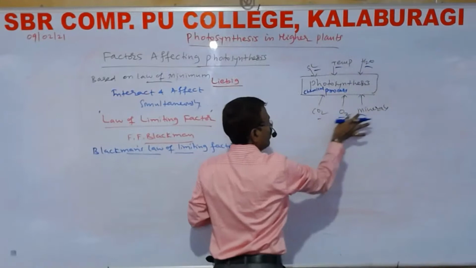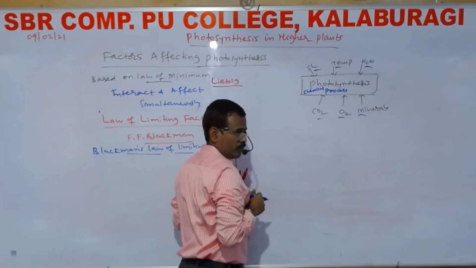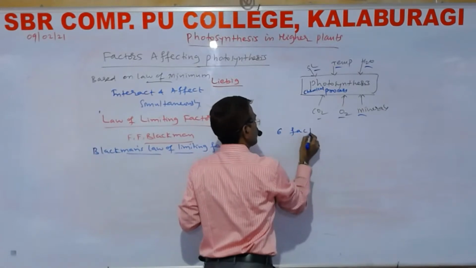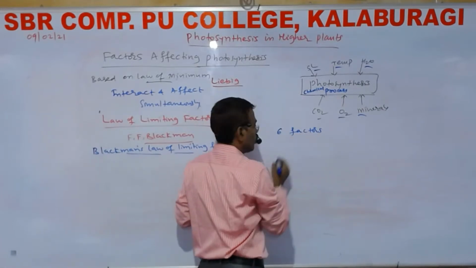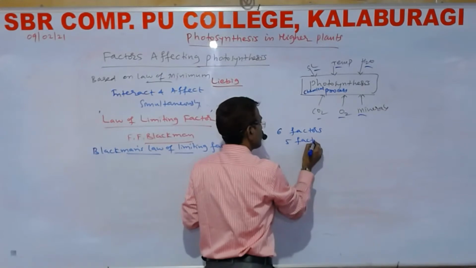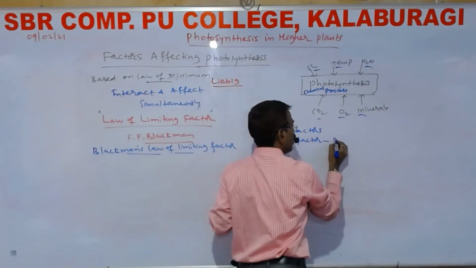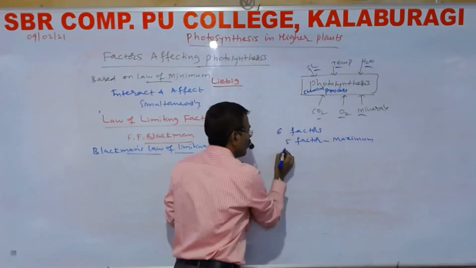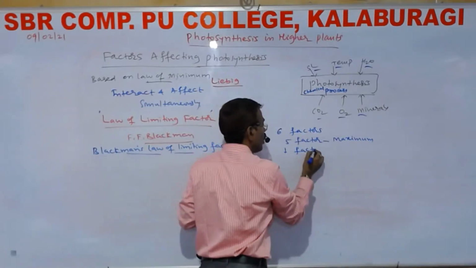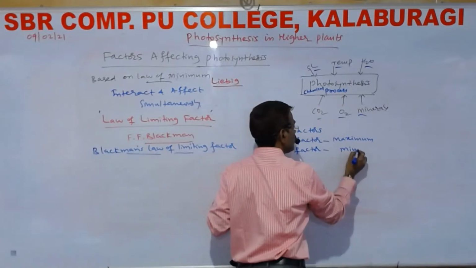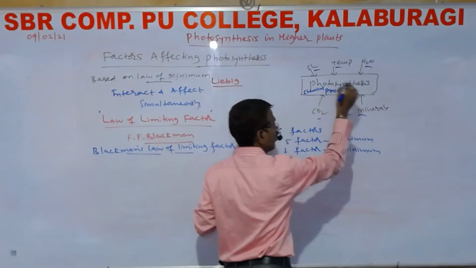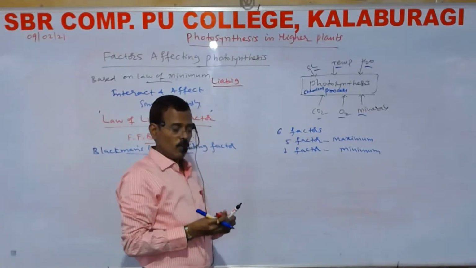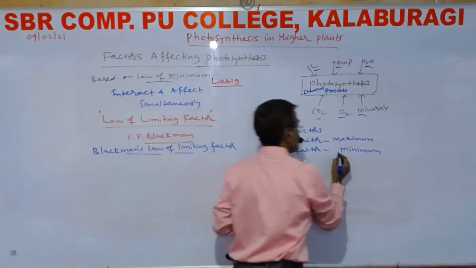I have mentioned six external factors here. Out of the six factors, suppose five factors are available in maximum amount and any one factor is available in minimum amount. Majority of the factors are available in maximum to the plant, only one factor is minimum.